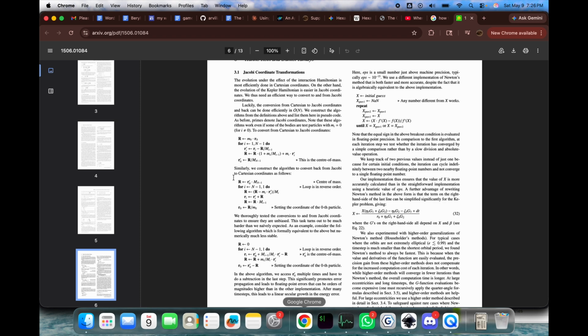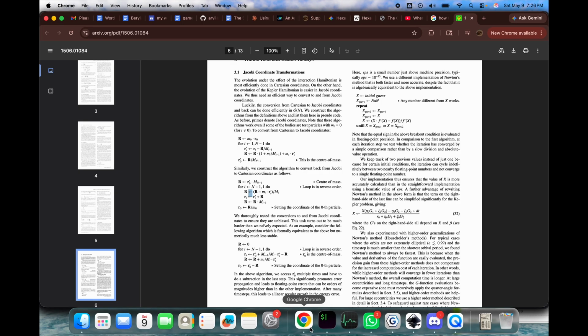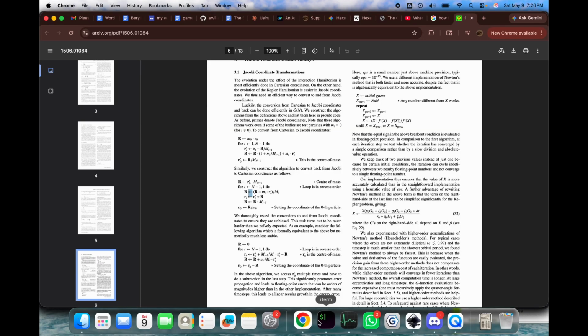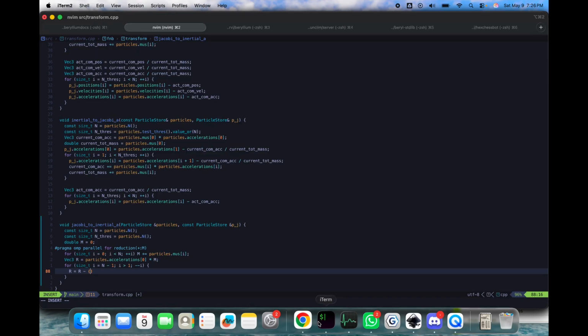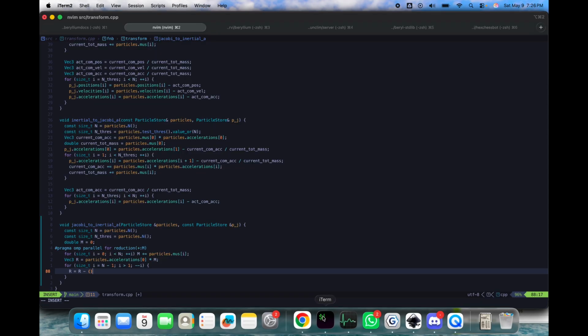And I think this arrow notation is basically assignment, so I'm gonna treat it as such. R equals R minus, ignoring that, R minus, no, the R is in the brackets.